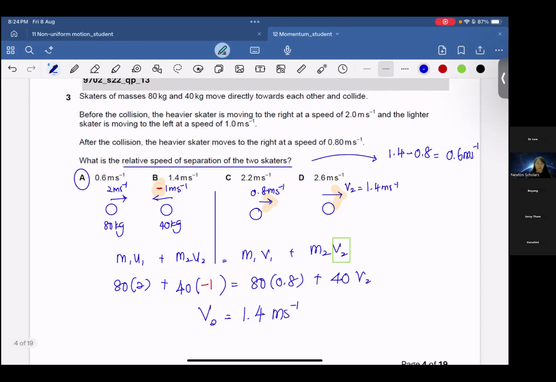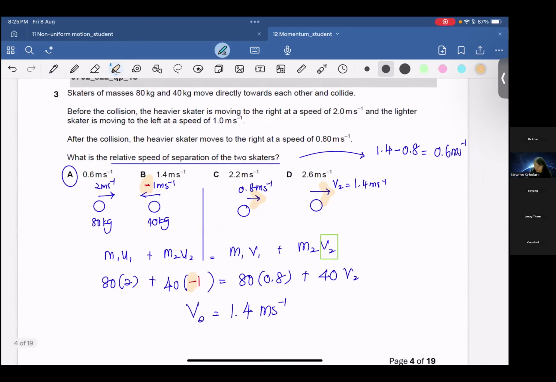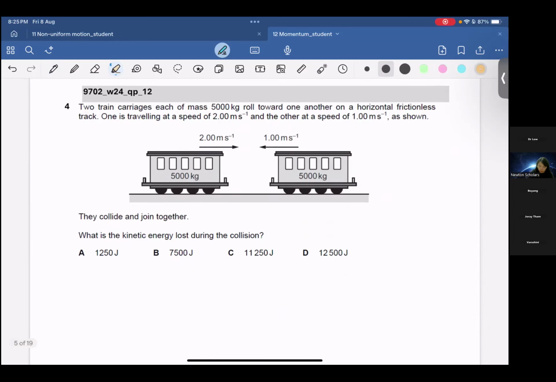Okay, I proceed. Don't forget about the direction. Here, this one is 2024: 5,000 kg towards the right at 2 meters per second, and 5,000 kg to the left.